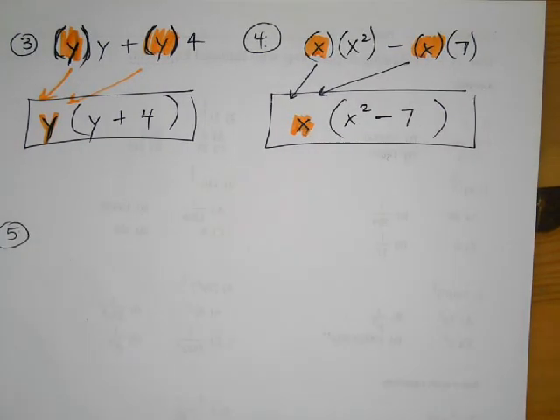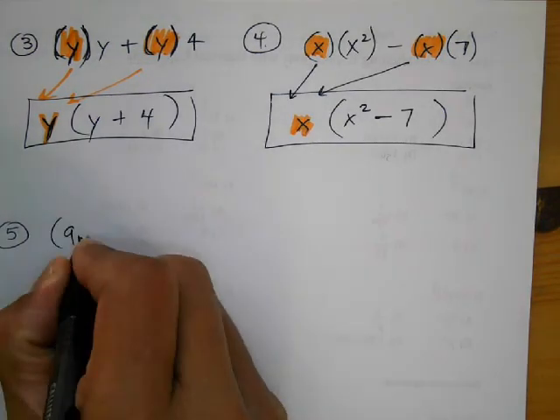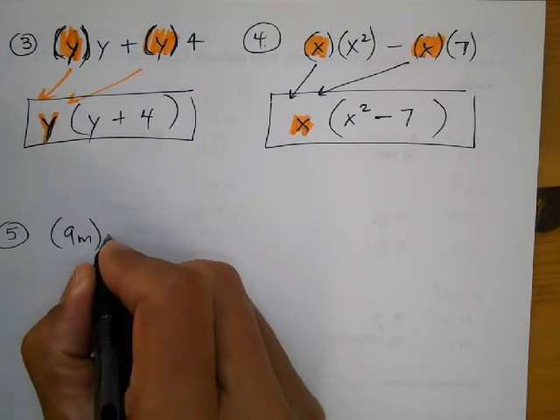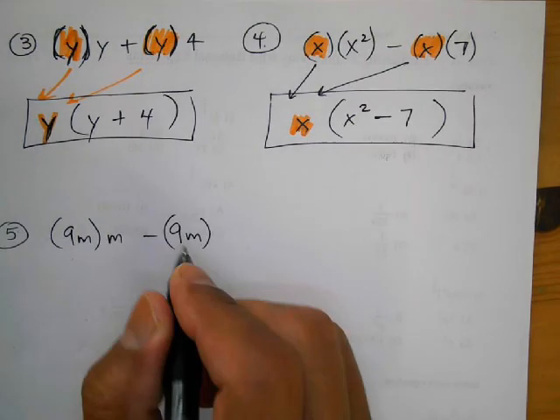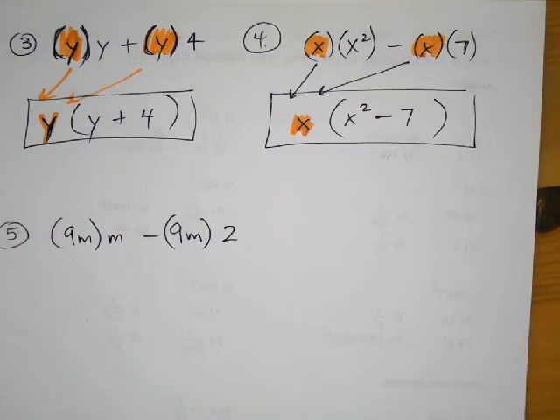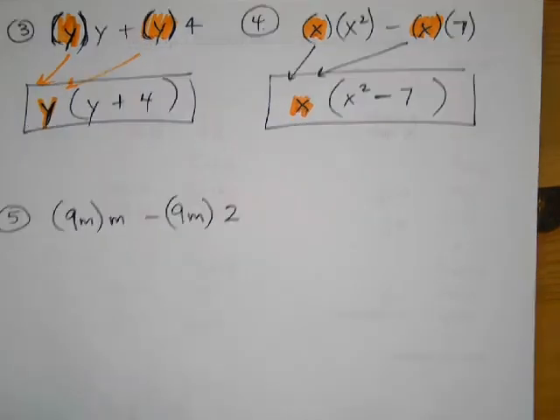And then the last two examples, well, they're going to get a little bit more challenging, but I think you'll see a pattern here. 9m times m minus 9m times 2.